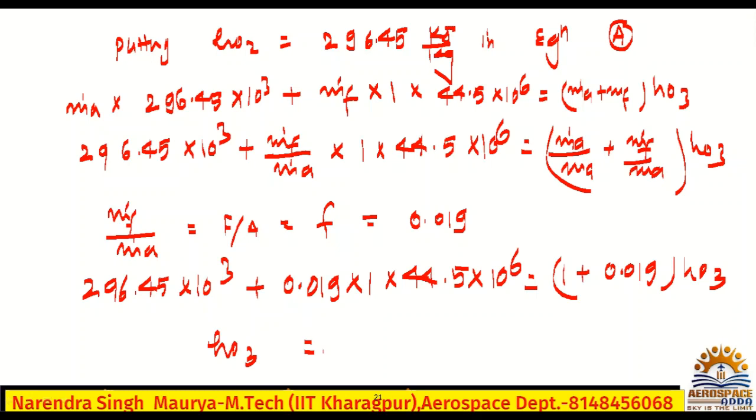Okay, this is 1120.65 kilojoule per kg. This is the value of H naught 3.